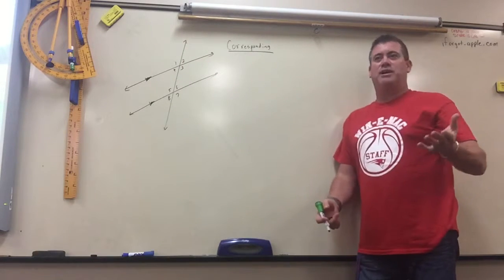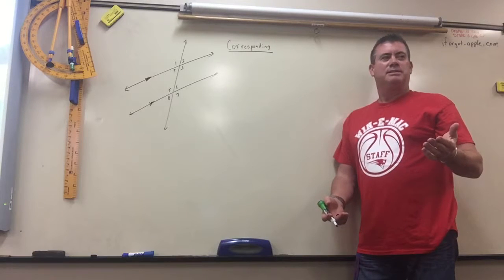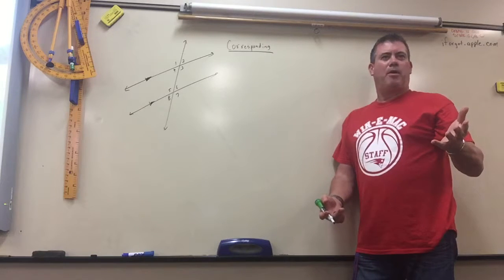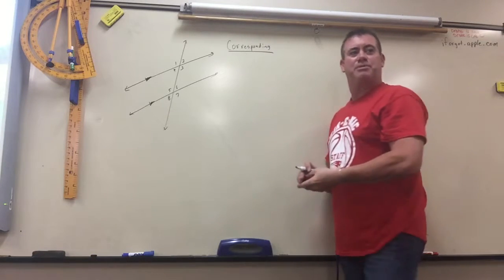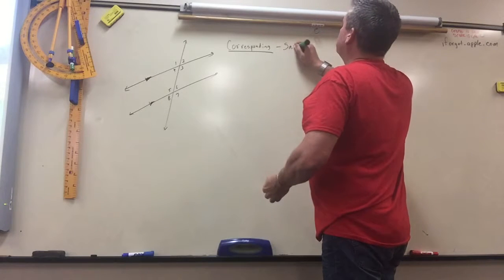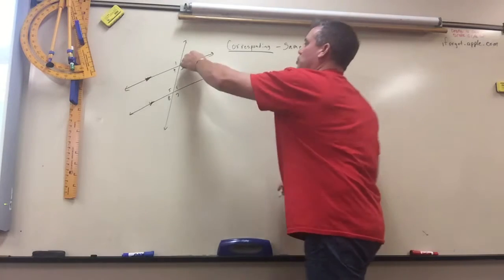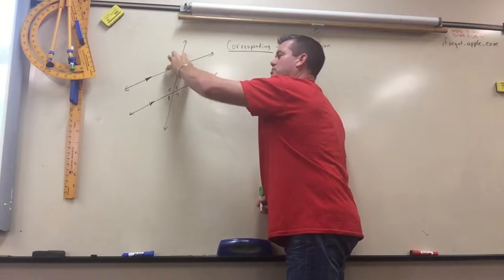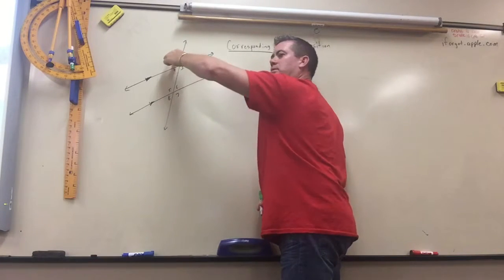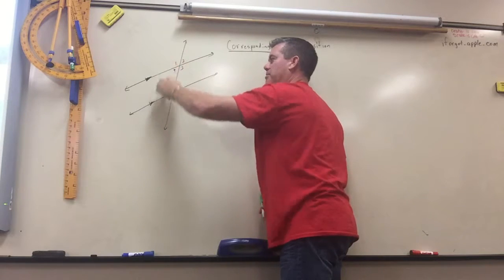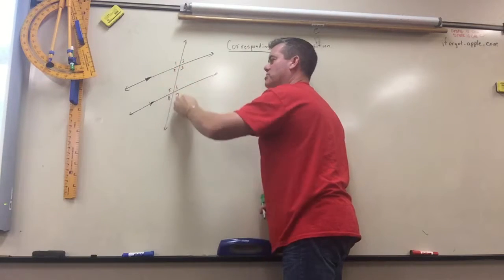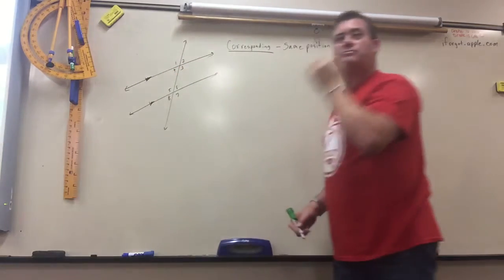That is correct. Do you know why? Because, I don't know. They just did. Corresponding just means same position. 2 and 6 are the top right of these 4, top right. 1 and 5, top left, top left. 3 and 7, 4 and 8.